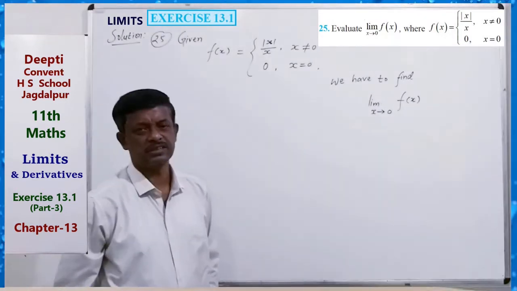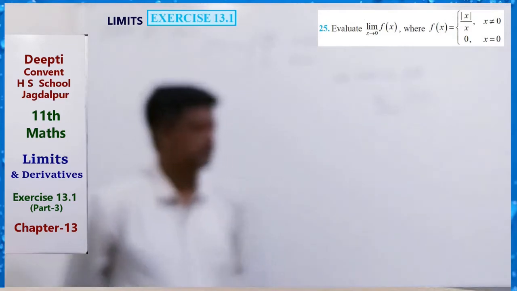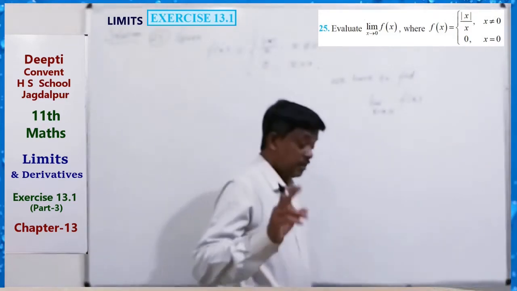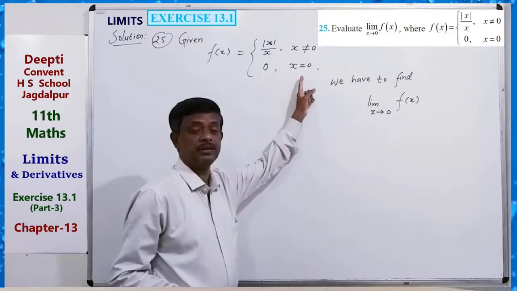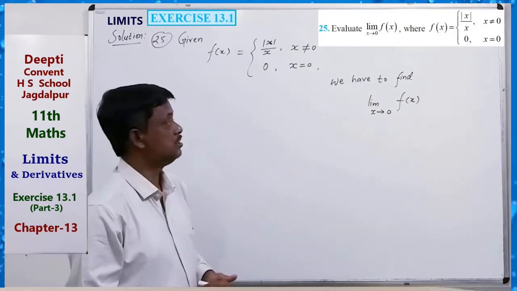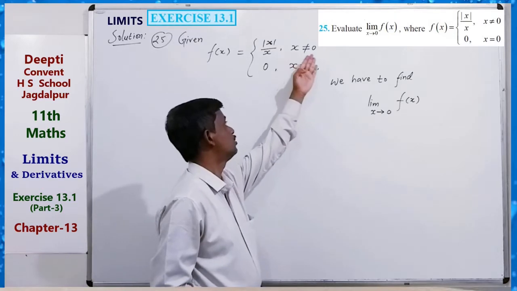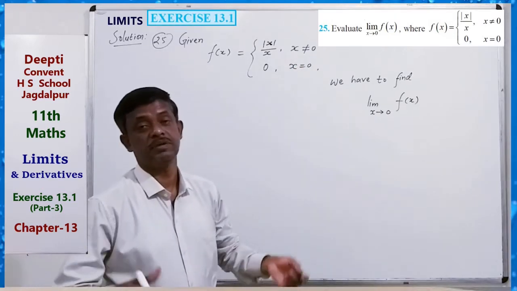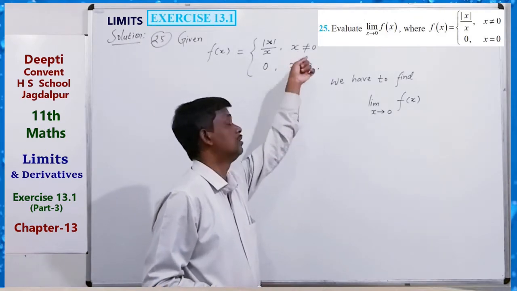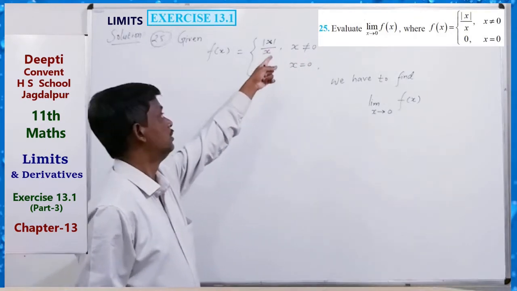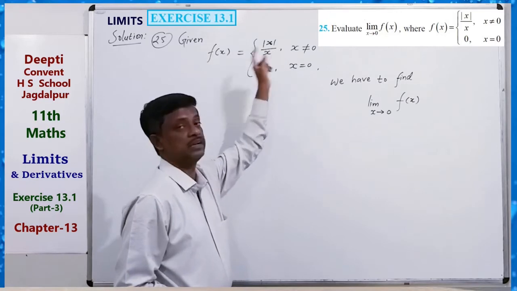25 and 26 are similar questions. Here, for finding the limit at the point x equal to 0, except this point, x not equal to 0 means maybe positive, maybe negative, but x equal to 0 is here. So both the negative side and the positive side are present in mod x by x.